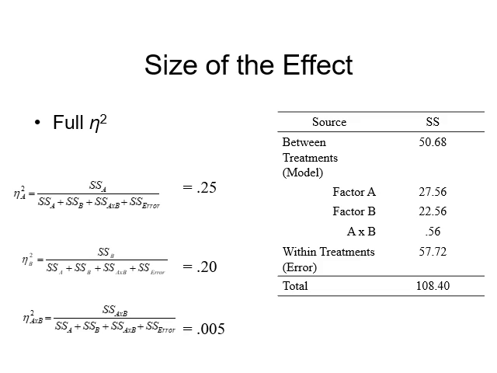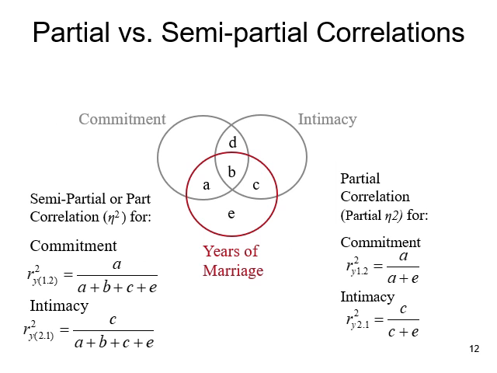And these also relate very much to the effect sizes we talked about in multiple regression. And again, you probably have already recognized that when we're looking at partial eta squared versus full eta squared, what we're looking at is partial versus semi-partial correlations from multiple regression. So remember, a semi-partial or part correlation is the same as full eta squared, and it is the unique contribution of a variable, A, over all of the variance in the outcome.